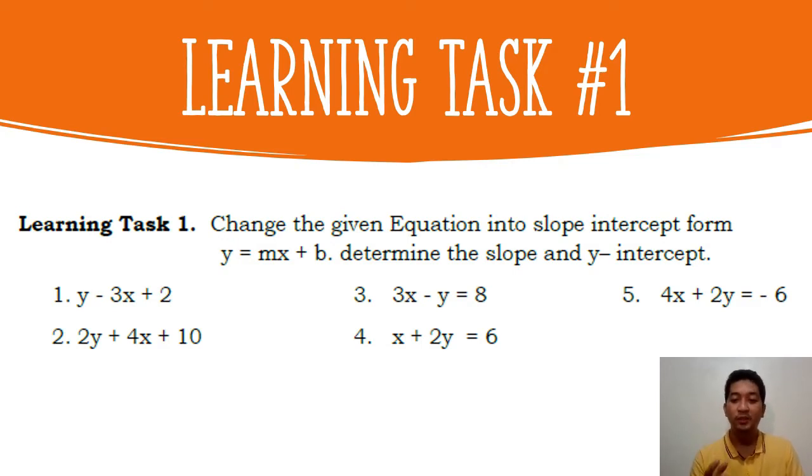And you will determine the slope, the m, and the y-intercept or the b. So again, given ka ng equations 1, 2, 3, 4, and 5, i-change mo sila into its y equals mx plus b form or the slope-intercept form. Gayahin lang kung paano yung ginawa natin doon sa example number 1, example number 2.